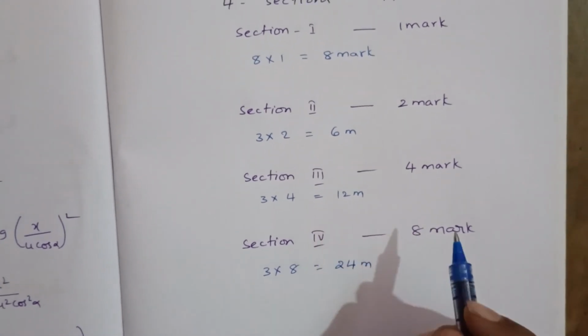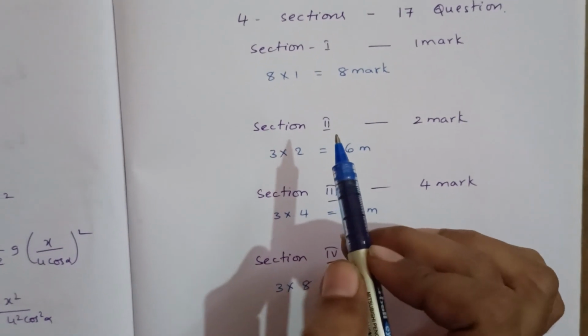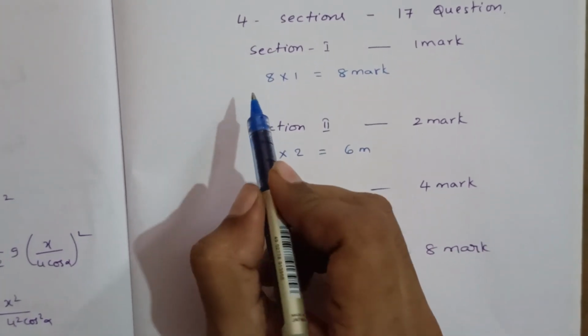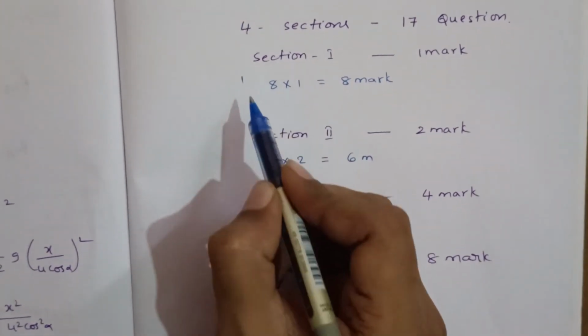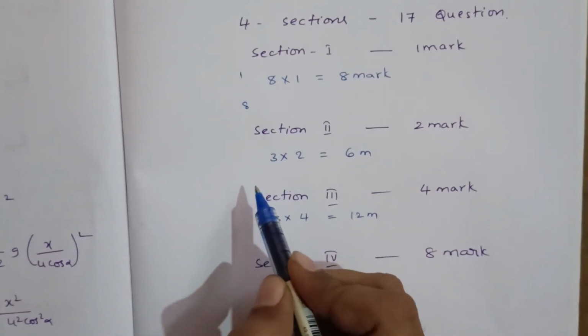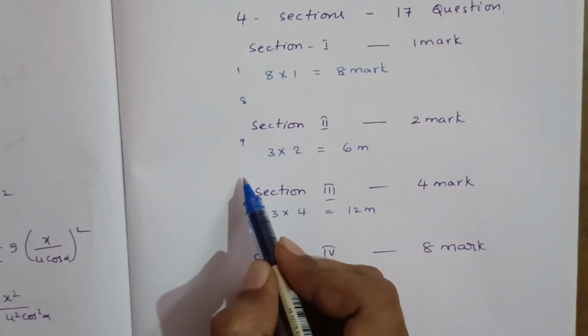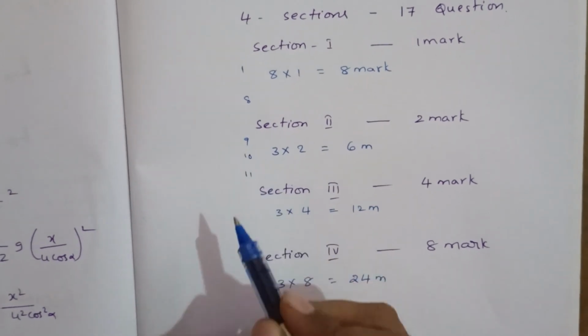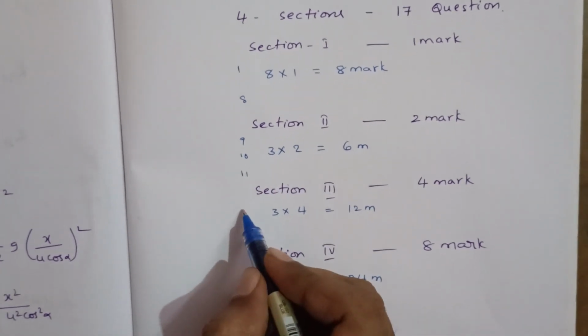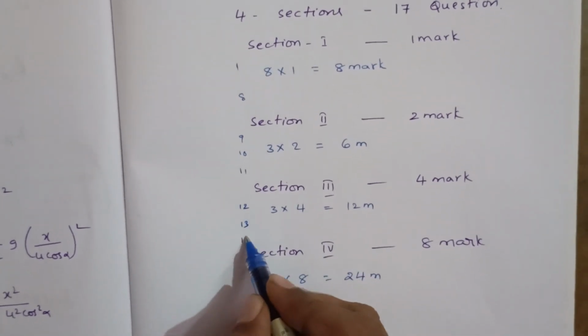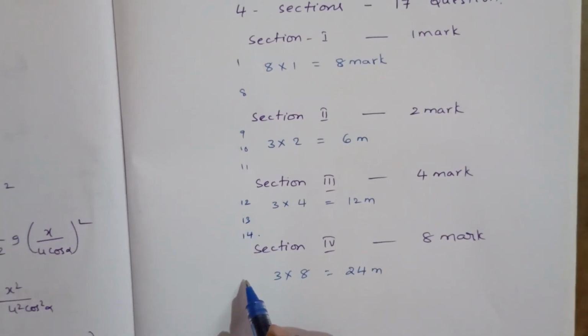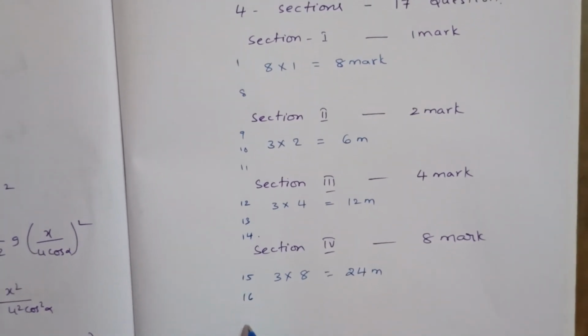Okay. Now, here one important thing we should see. Section 1 consists of questions 1 to 8. Section 2 consists of questions 9 to 11. Section 3 has questions 12, 13, 14, and section 4 has questions 15, 16, 17.